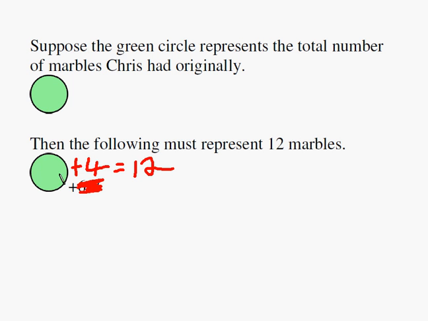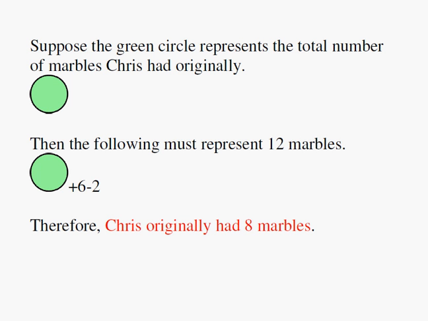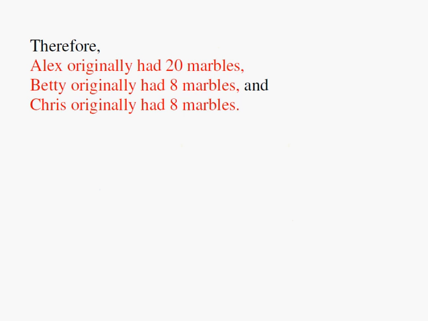Can you tell me what green circle is worth? 8. So the answer is Chris originally had 8 marbles. So let's summarize our findings. Chris originally had 8 marbles, and let's go ahead and list everything that we have found out so far.